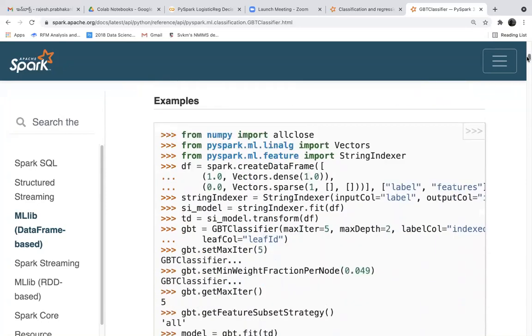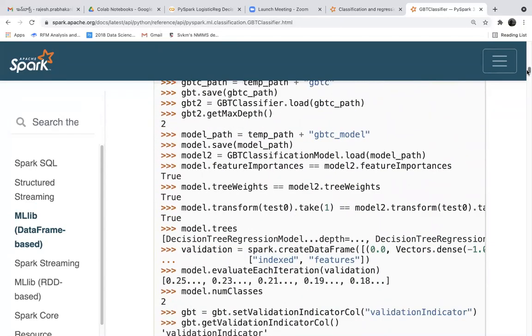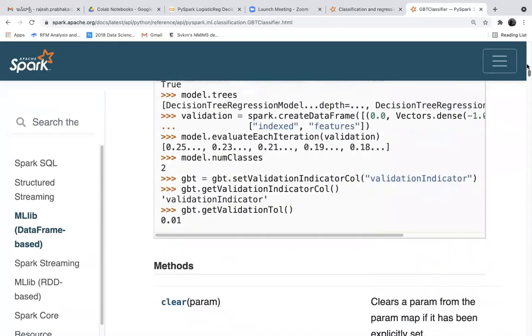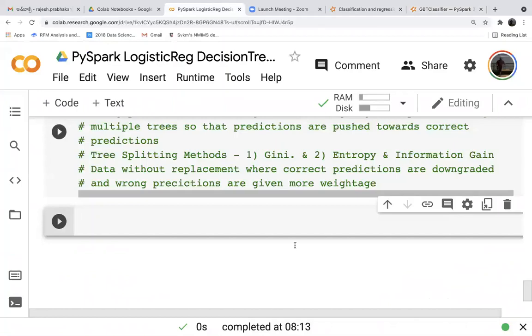Okay, sir. And you also need to understand gradient boosting. So gradient boosting is one of the important processes we need to understand. What is this gradient boosting algorithm? Gradient descent.